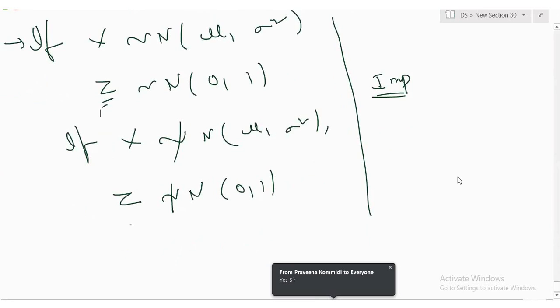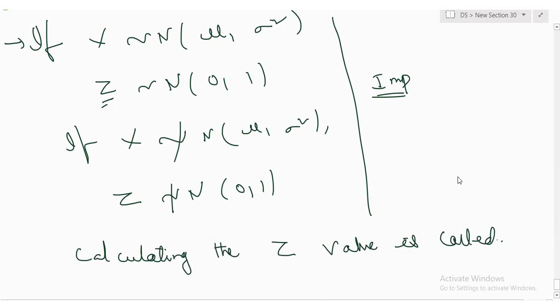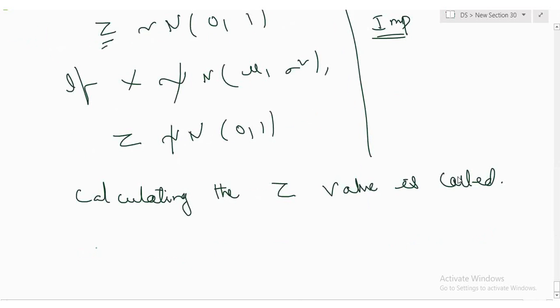Calculating the z value is called standardization.